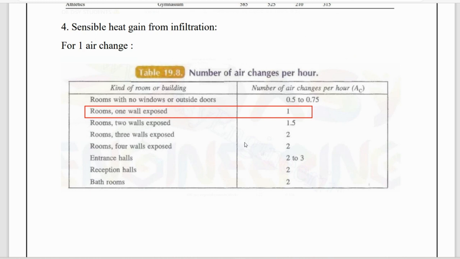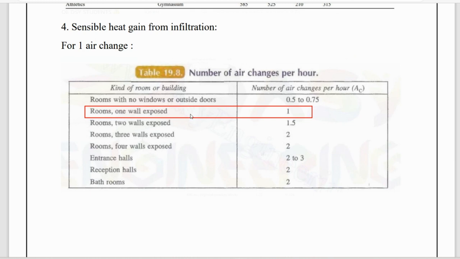Because we are designing for the AC, the AC will supply some air to the room, but apart from the air conditioning system, there is another source of air, like cracks in windows or opening the door. So air is coming in, ultimately increasing the temperature of the room and the load on the cooling coil. We have to take that into consideration before design.